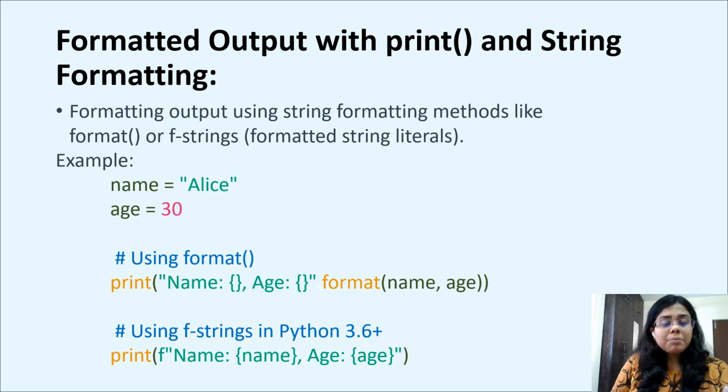Let us try and format the output statement. When we saw in the previous slide, it just says print hello world. Hello world is very static. It will directly print hello world into the output console. But what if there is a variable that needs to be incorporated into the output? And this variable may change into any value in the course of the program.